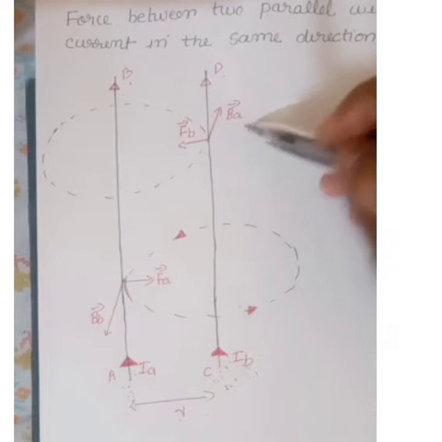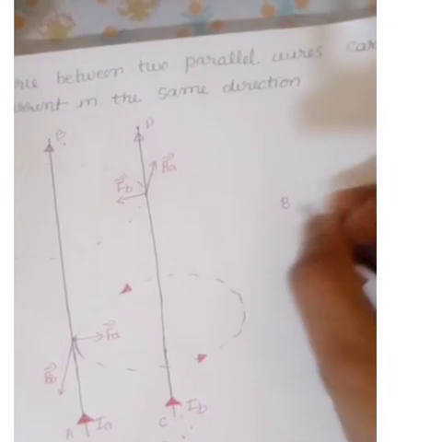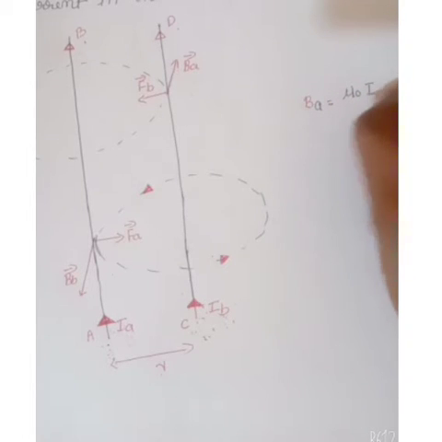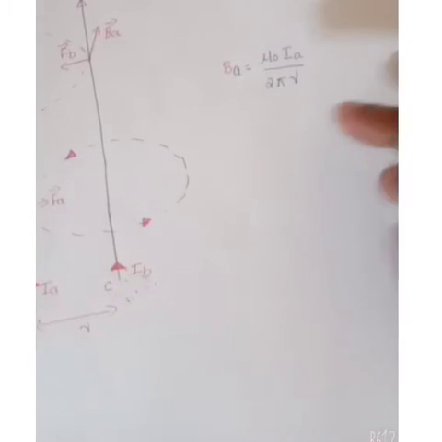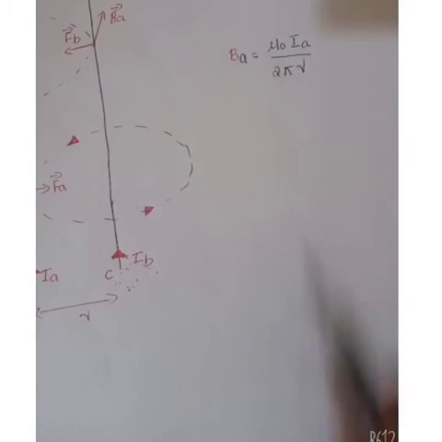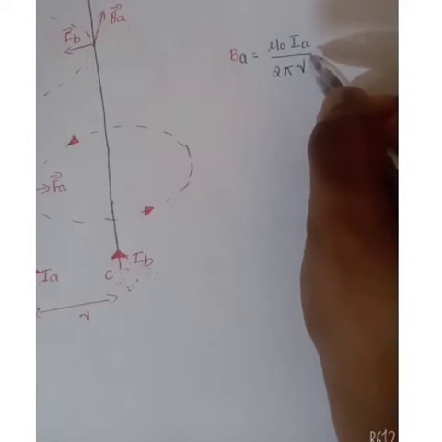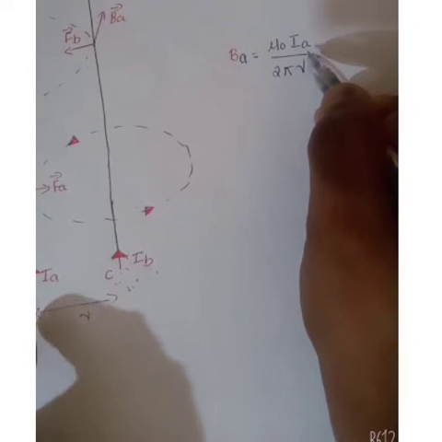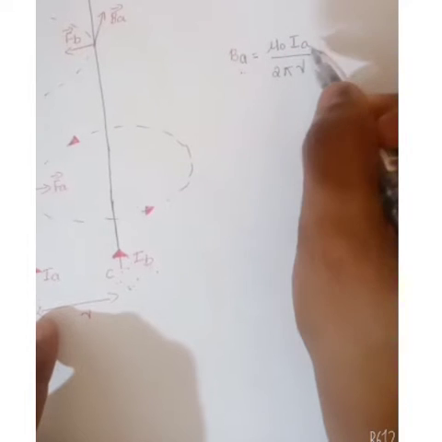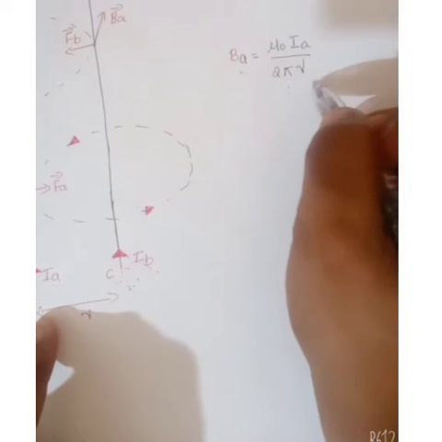How can you find the magnetic field BA? BA is equal to mu 0 IA divided by 2 pi r. Because of the presence of the current IA, this magnetic field is developed.